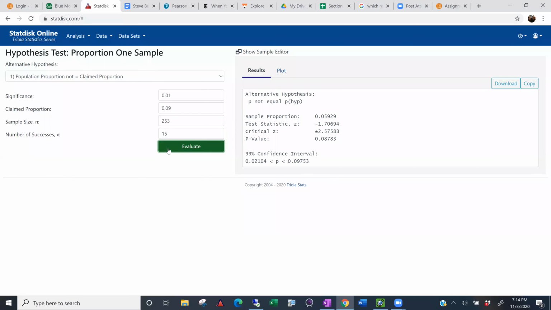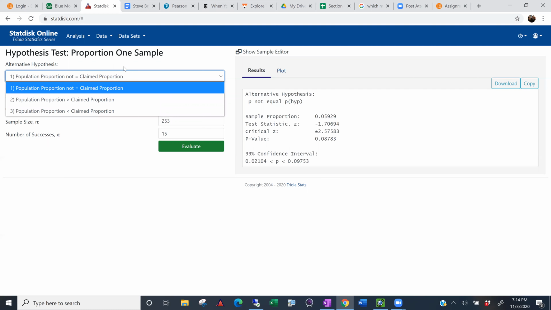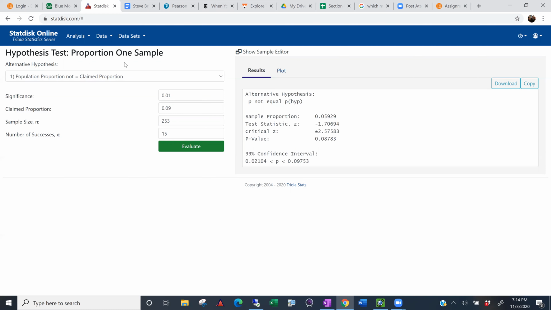So it's pretty much matching, I hope, all the stuff that we got from the calculator. There's one thing that I didn't adjust. Does anyone see what I didn't adjust here? Didn't adjust this menu up here. The alternative hypothesis, you have to do that.